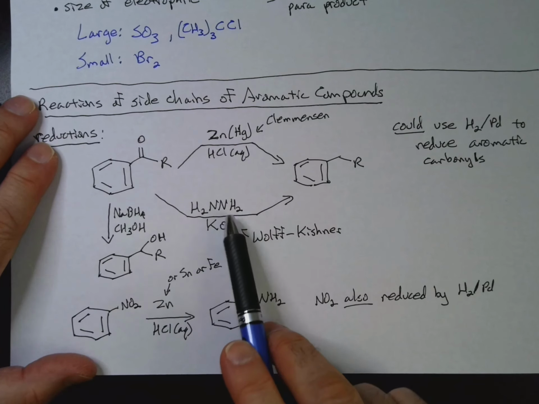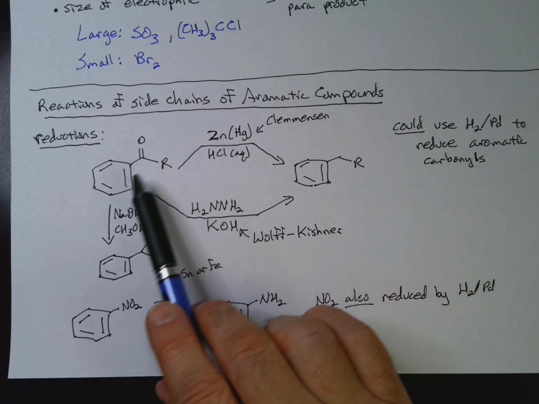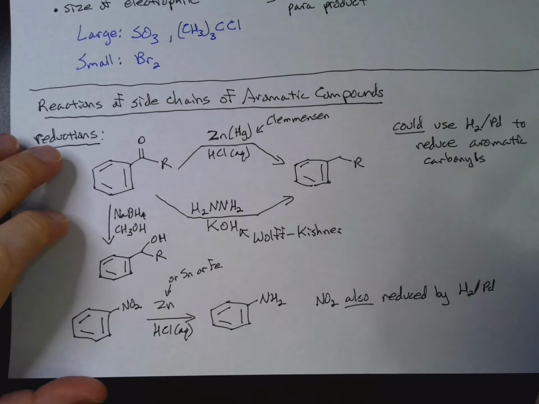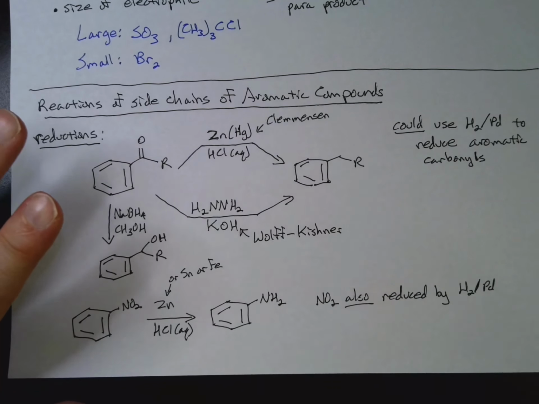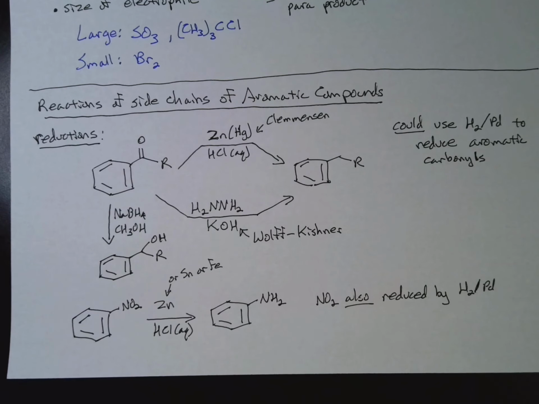You probably want to do the Wolff-Kishner instead, because that would reduce the carbonyl but not reduce the nitro. So it's always important to think about what other functional groups might be present, what other substituents might be present, and if they will react with your reagent.